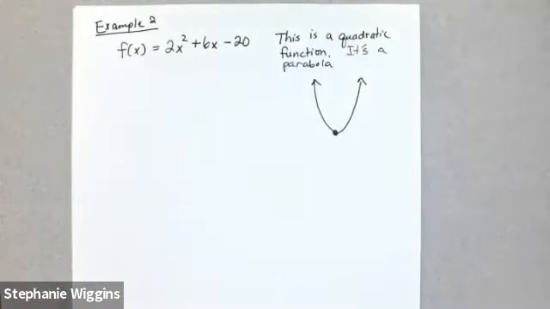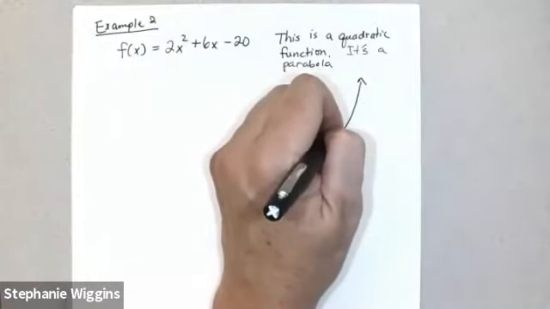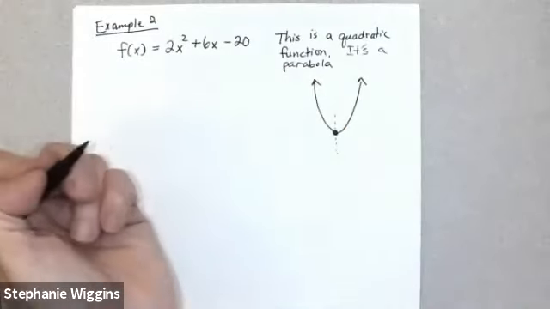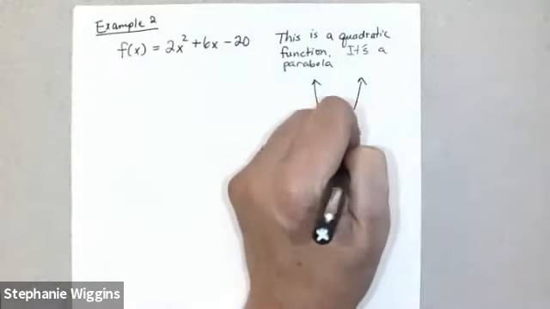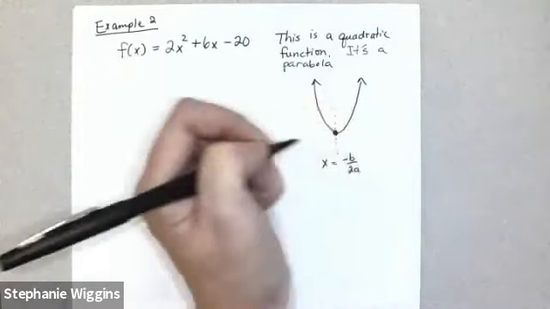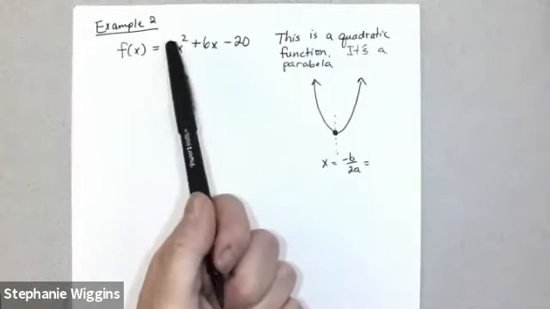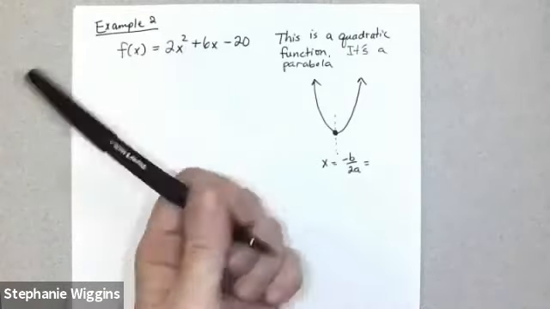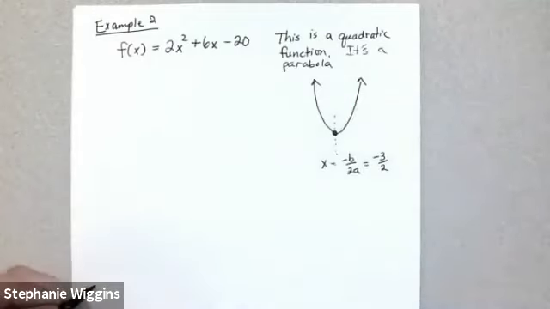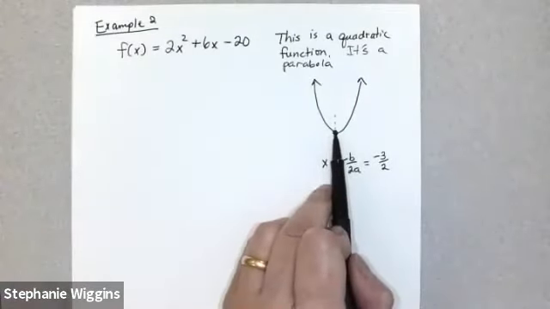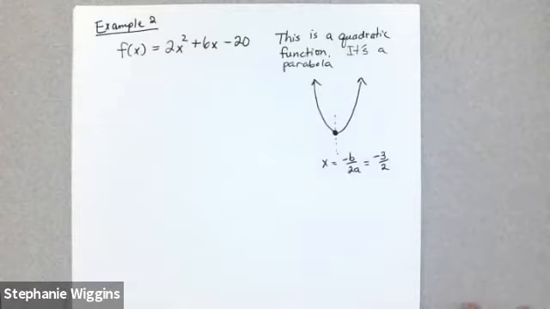And you can see that this vertex, which by the way is not too hard to find, is minus b over 2a. And so for our example, it's minus 6 divided by 4. So it's negative 3/2, okay? So we know that that's the vertex there.